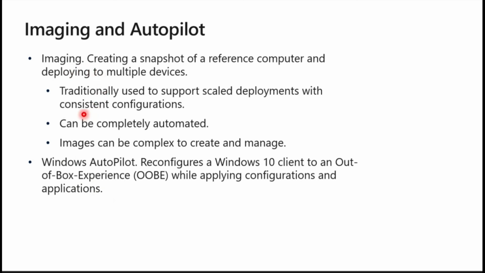Imaging means, for example, you already have standard settings over there, right? In the company, you have hundreds of people, and maybe one person left the job, another person joined the company. So you need to have a standard set of configurations. Every time you don't do configurations again and again. For that, you should have a standard image. And an image is a snapshot.